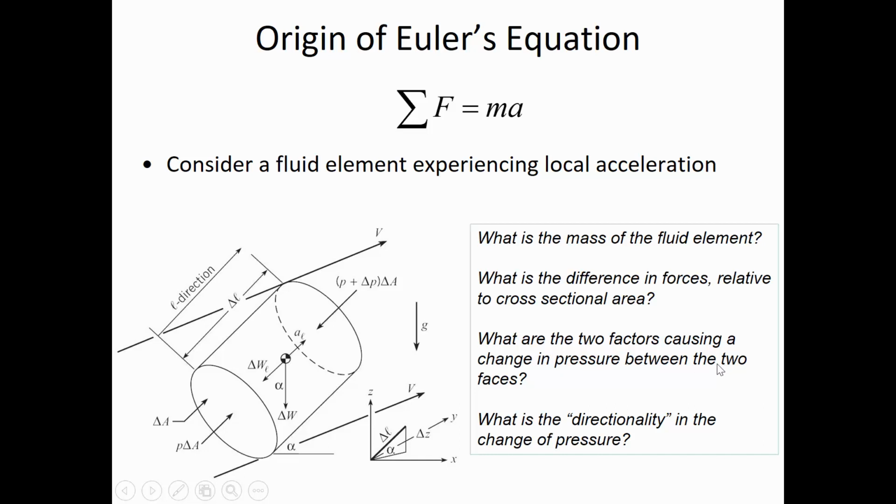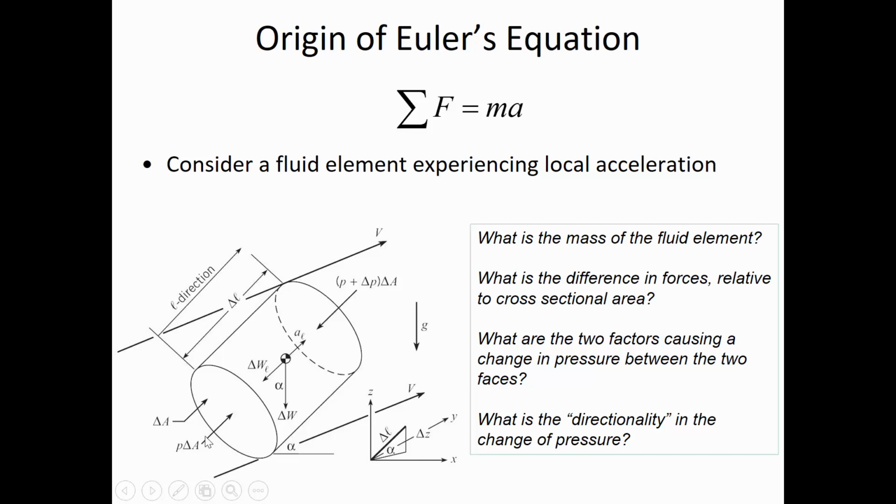The 2 factors that are causing a change in pressure are the gravitational effect, which is acting downward, and then the acceleration in the L direction. So there's 2 accelerations happening simultaneously. G is acting down, but then there's a separate acceleration that is in the X and Z direction.